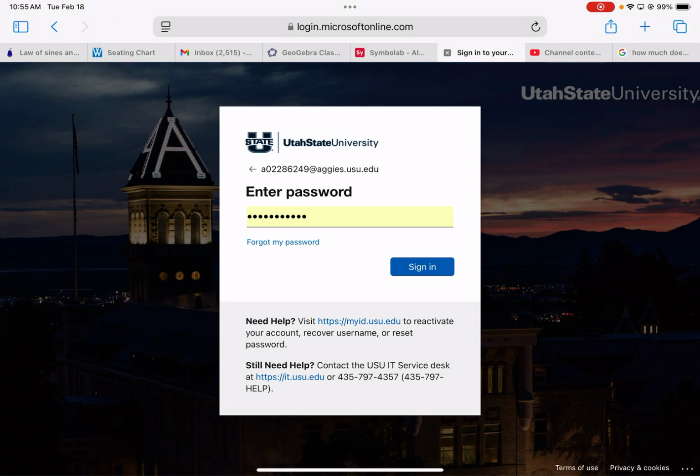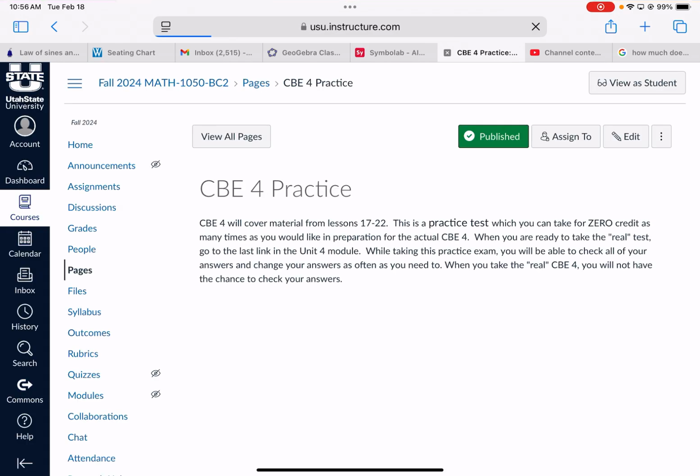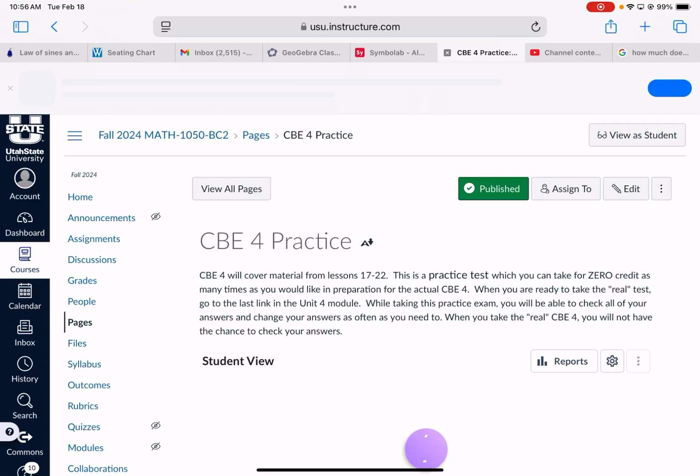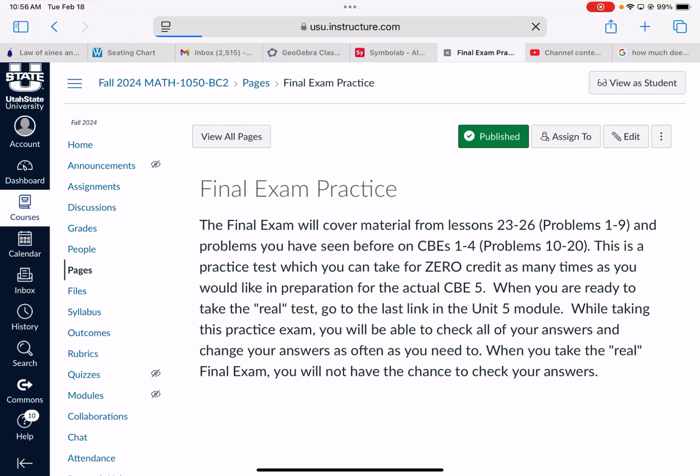It would be useful for you to see what this looks like. So you can see what it looks like on the final.